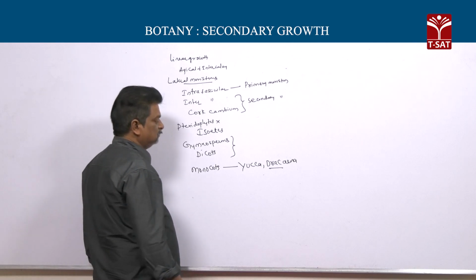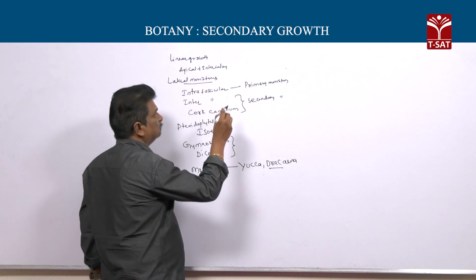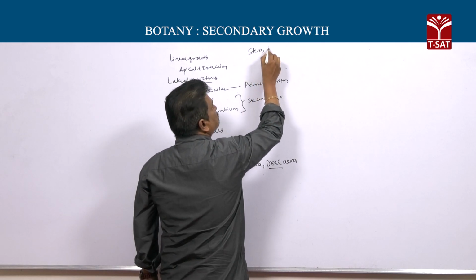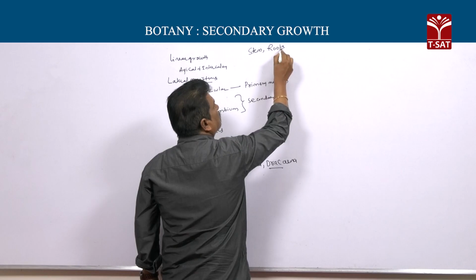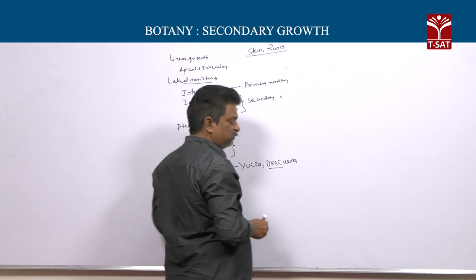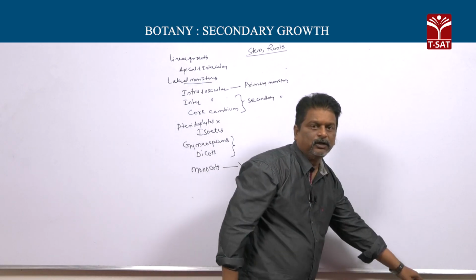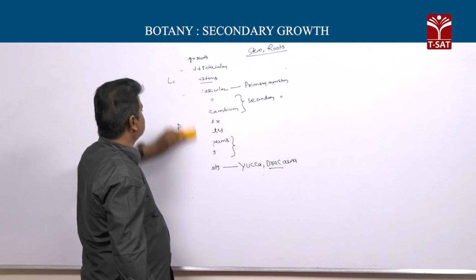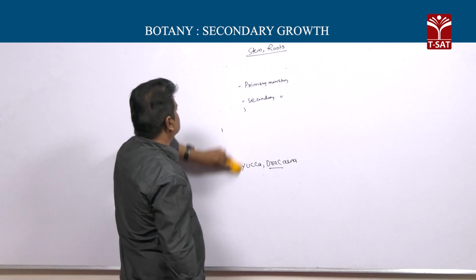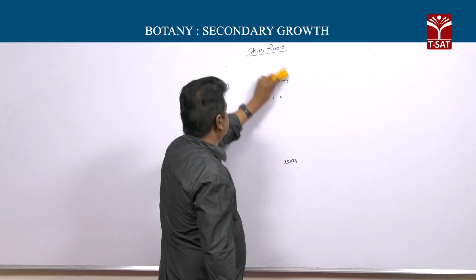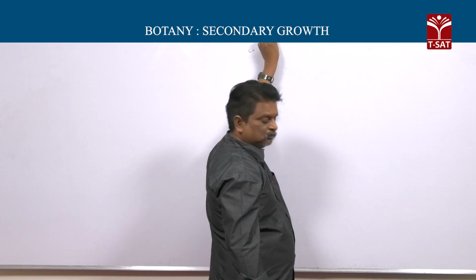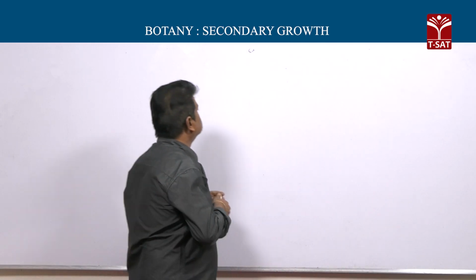Then in which parts secondary growth takes place means, secondary growth occurs in both the stems and roots. First one, secondary growth in stems.